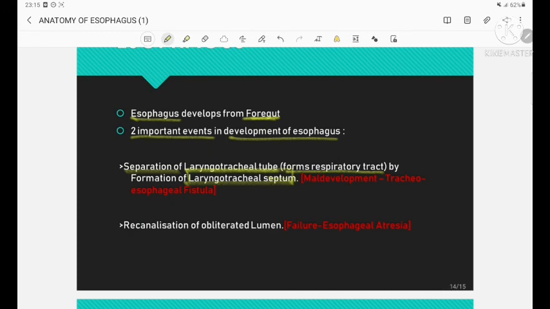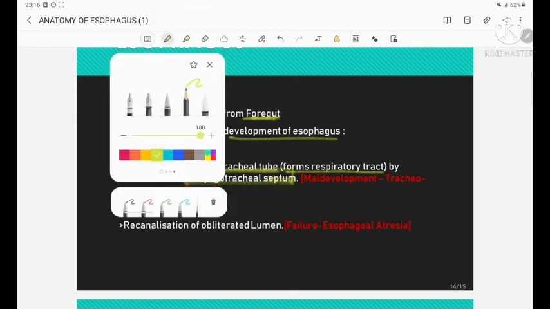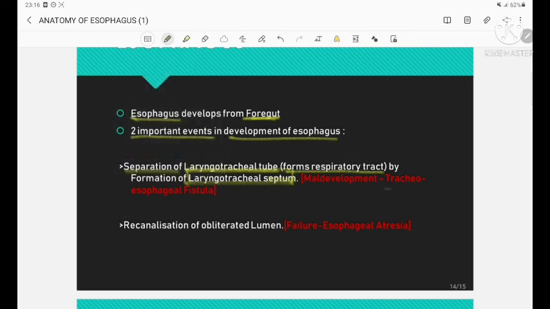So the laryngotracheal septum develops, which separates the respiratory tract from the esophagus. In case of maldevelopment of the laryngotracheal septum, this leads to tracheoesophageal fistula. There is abnormal connection between the trachea and the esophagus.